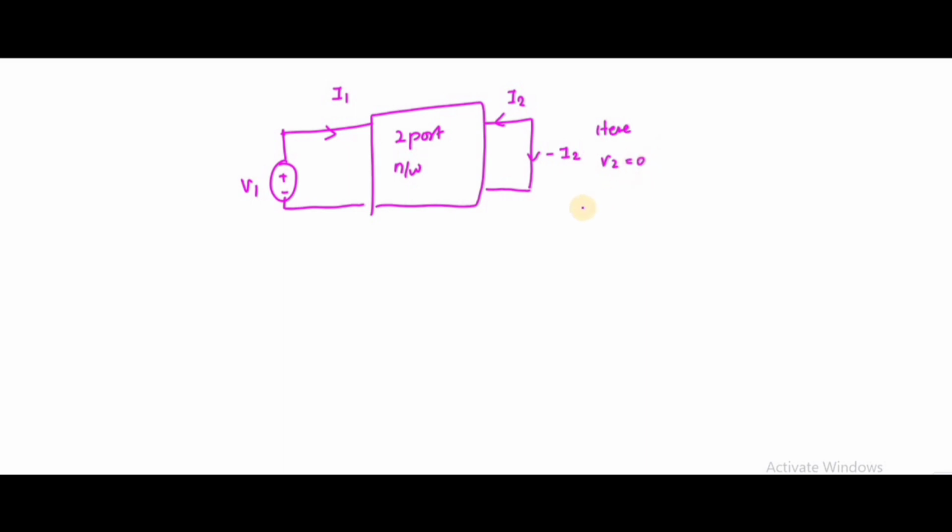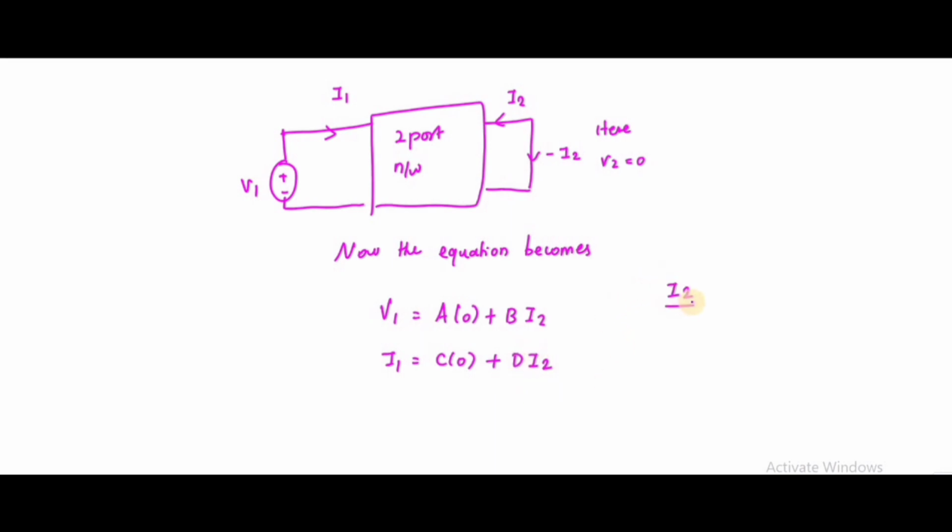So V2 is 0, and the equation becomes V1 equals 0 times A minus B into I2. Here, instead of I2, I substitute minus I2, so that becomes plus B I2. Likewise, I1 equals 0 plus D I2. So B into I2 is equal to V1, so I2 by V1 is equal to 1 by B.